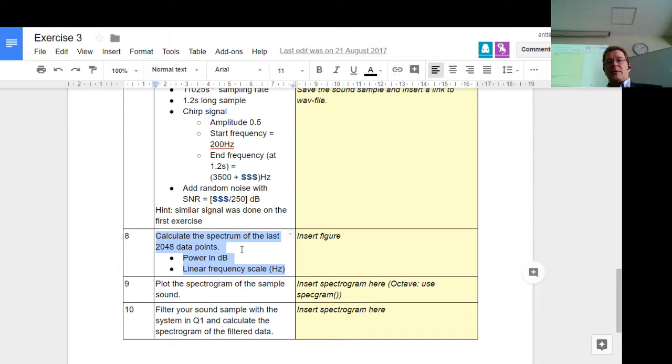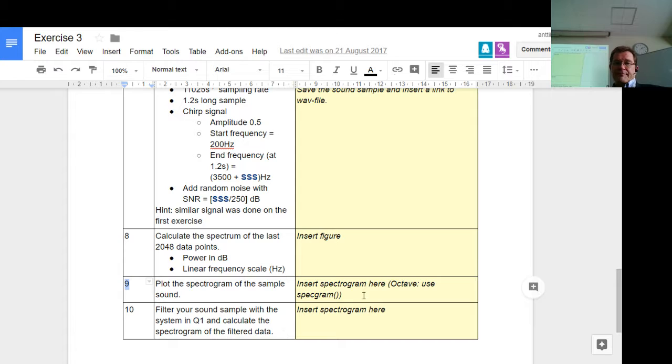And then we have part 9, which is the spectrogram of this chirp signal. That spectrogram is a graphic where you have the time on the horizontal axis and frequency on the vertical axis, and it shows how the frequencies are changing. So there you should see the chirp, which is linearly increasing the frequency of the signal from 200 hertz up to the 3500 plus SSS hertz.